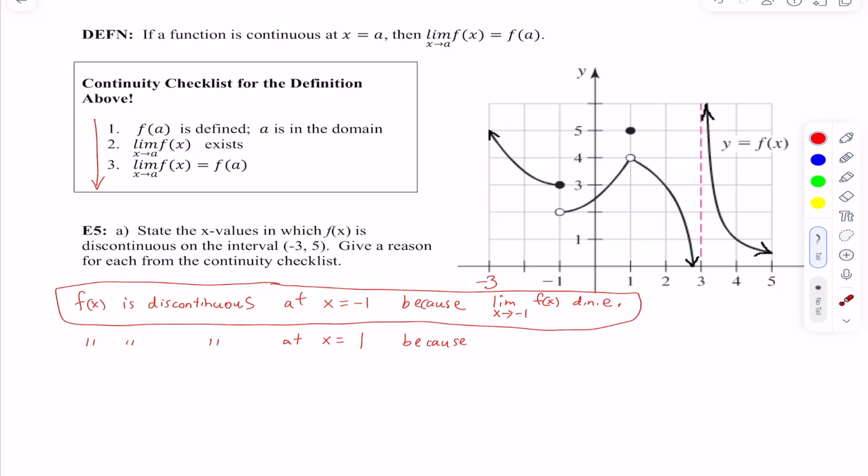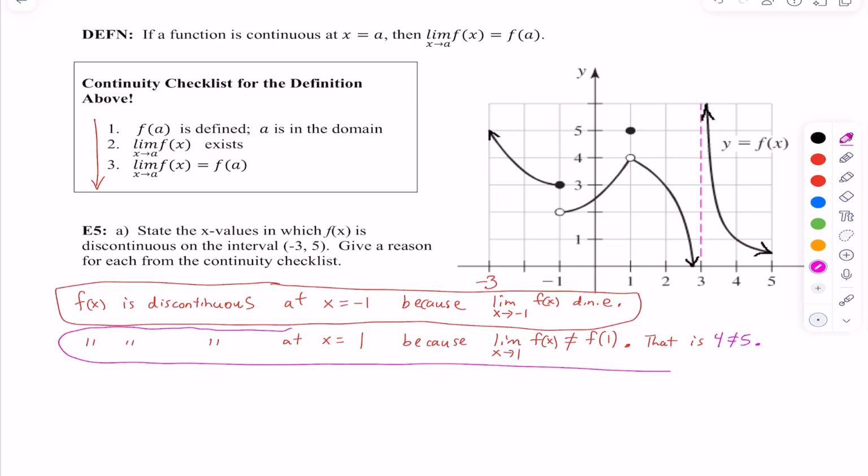But what is f of 1? f of 1 is actually 5. So this time, the reason is because the limit as x approaches 1 from both sides of f of x does not equal f of 1. That is, 4 does not equal 5. So that is another reason why a function is discontinuous.